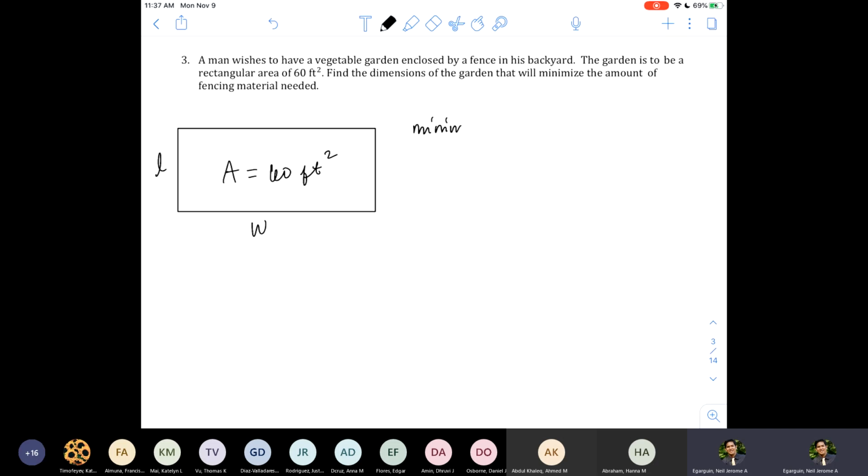So that's our objective function. We want to minimize the amount of fencing material needed. And like problem number 2, there's no cost mentioned in the problem. So we can assume that here we don't care about the cost, but we're just looking for the minimum amount of fencing material needed. But the fencing material will just be the sum of the lengths of the dimensions of the garden, right?